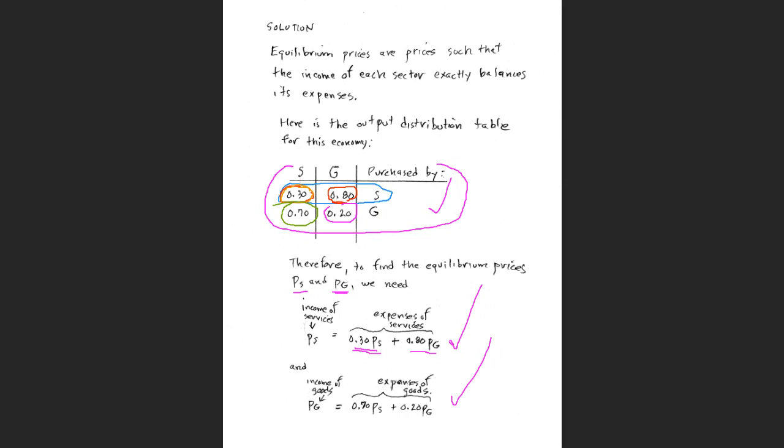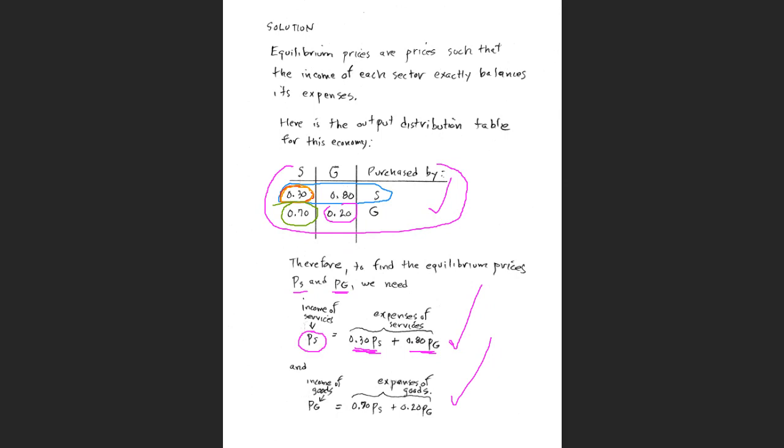Of the service expense. So services is buying 30% of the service expense and 80% of the goods expense. Well, that's going to have to equal the total income of the services.